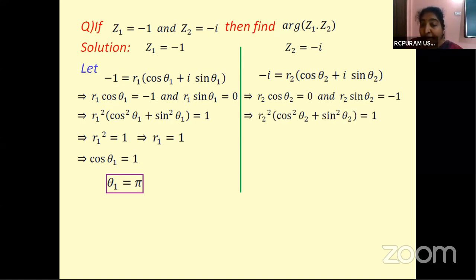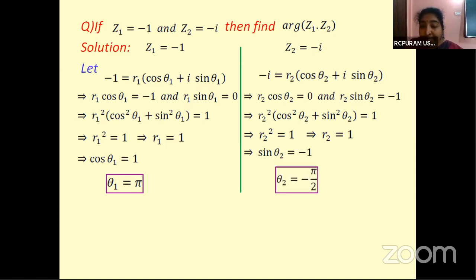Then R2 square into (cos square theta 2 plus sin square theta 2) is equal to 1. Since this is an identity equal to 1, R2 square is equal to 1, so R2 is 1. Then sin theta 2 is minus 1, which means theta 2 is equal to minus pi by 2.